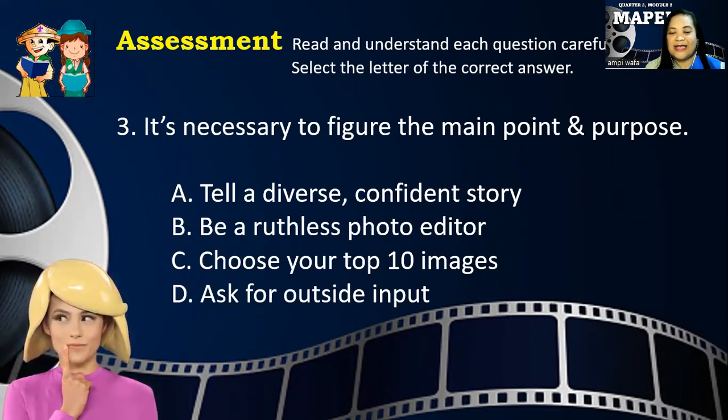A. Tell a diverse, confident story. B. Be a ruthless photo editor. C. Choose your top 10 images. Or D. Ask for outside input. What is your answer? Yes, you are correct. It's letter A.